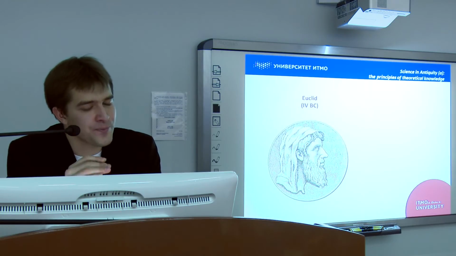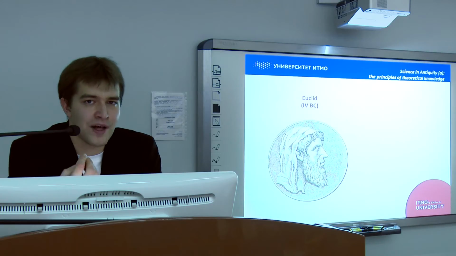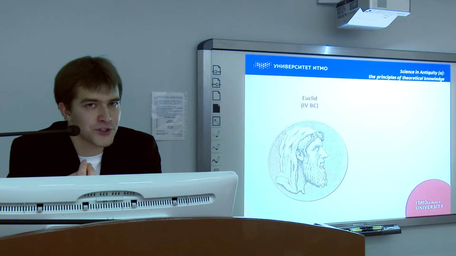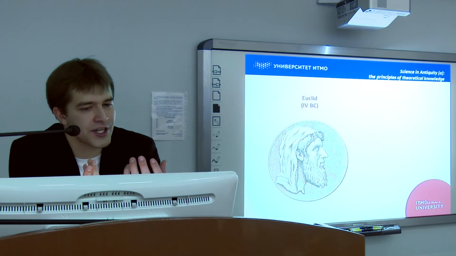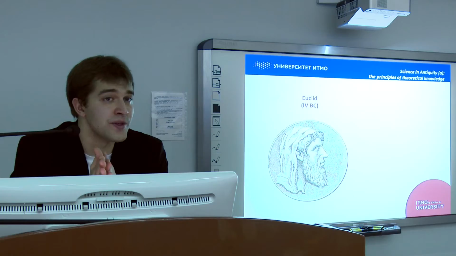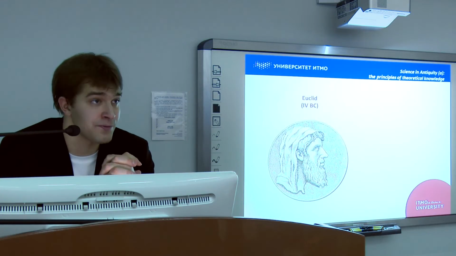So we have to remember that mathematics and the very ideal of the mathematical tradition, the very understanding of strict knowledge and science as such, in modernity was very closely connected with the mathematical and geometrical developments of Euclid.